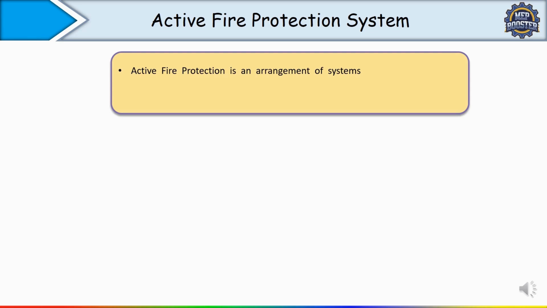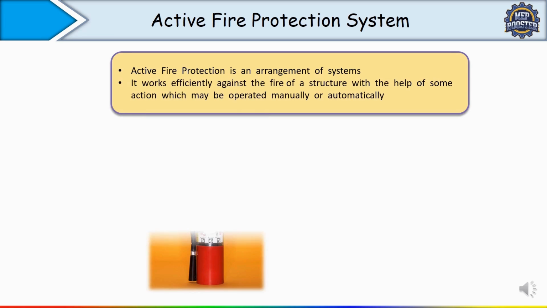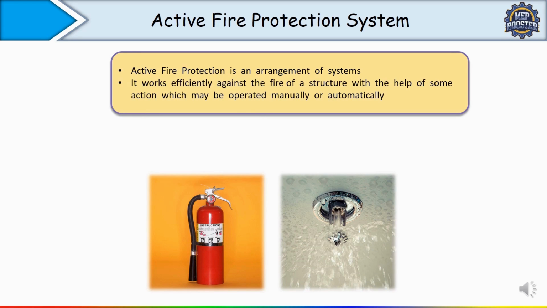So active fire protection is an arrangement of systems. It works efficiently against the fire of a structure with the help of some action which may be operated manually or automatically. You can see the example is also shown, fire extinguisher. If there is a fire in your area and you need to extinguish that fire, here we need some action to operate the fire extinguisher, and the action is manual.